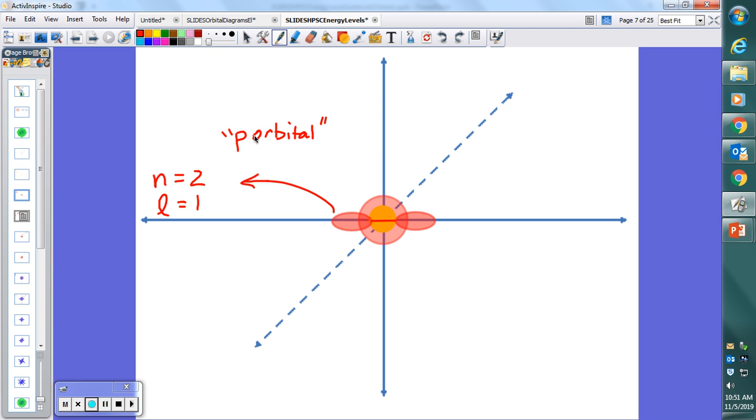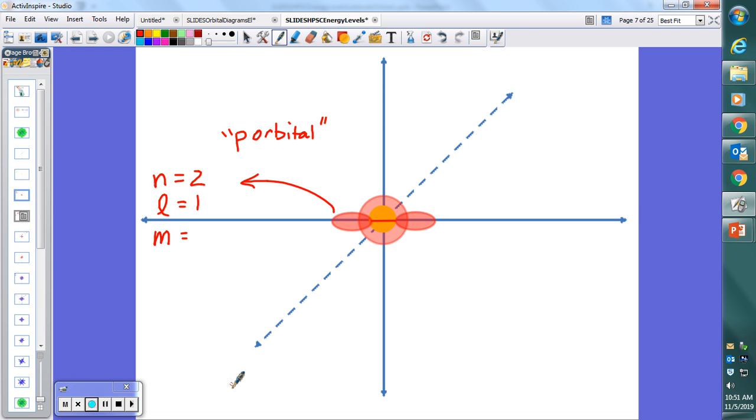So now, that's where the magnetic quantum number comes in. The magnetic quantum number, we wrote in our outline, runs from negative L to positive L. What's L for a p orbital? 1.